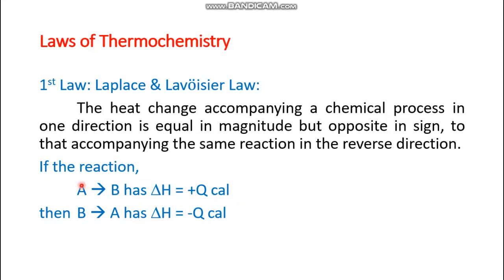Suppose in a chemical reaction A is the reactant and B is the product. If the heat change involved is plus Q calorie, then if the reaction takes place in the backward direction, with B as the reactant and A as the product, the heat change should be the same in magnitude, Q, but its sign should be opposite, that means minus Q calorie. So it's simple.